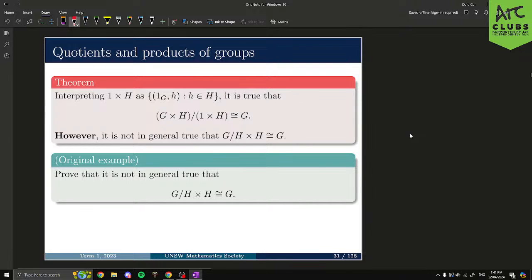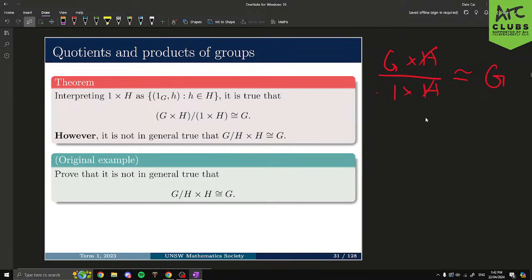Okay, so one nice thing that happens is that if we take G times H and take the quotient group of that over 1 times H, that's actually just isomorphic to G. And yeah, this is nice because it just follows our intuition of cancelling the H's, even though that's not technically the right way to think.